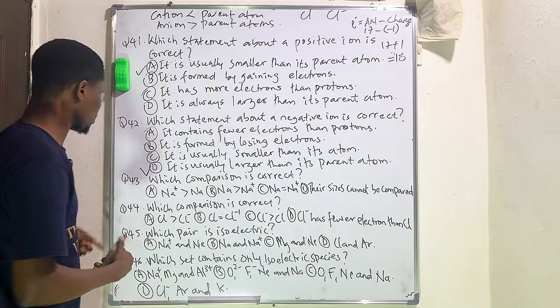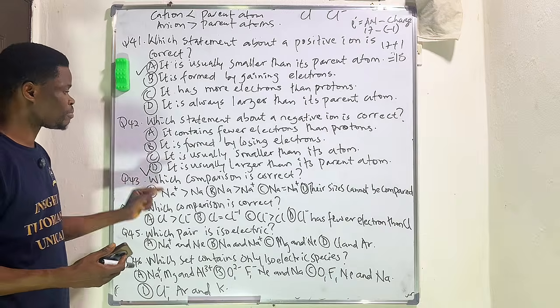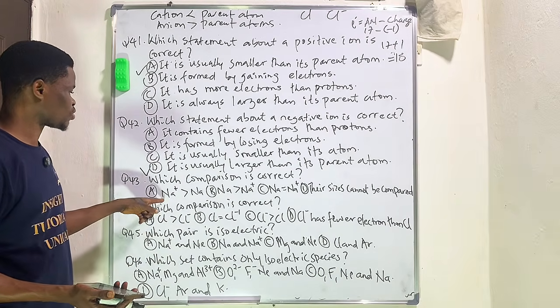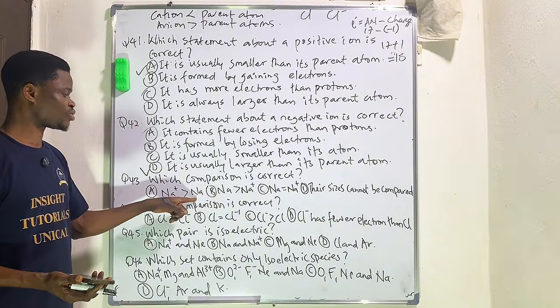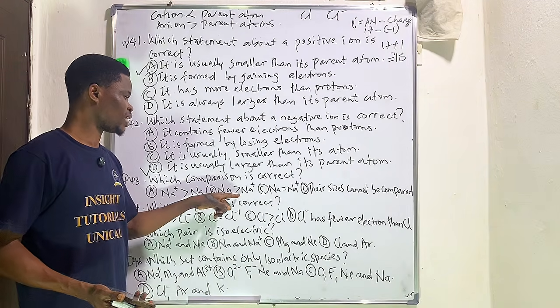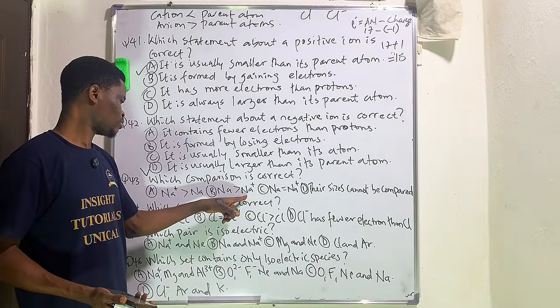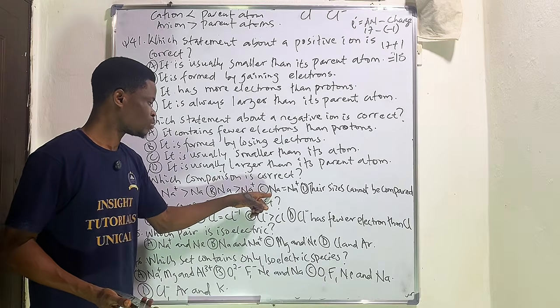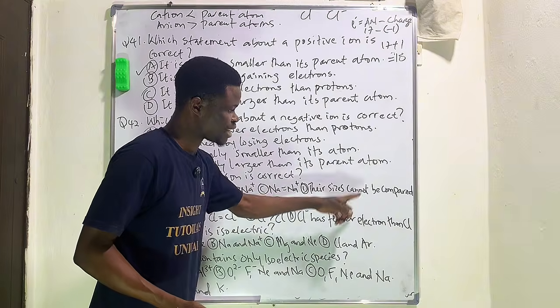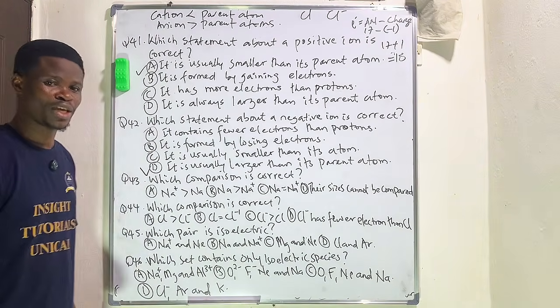The next question says, which comparison is correct? That sodium ion is greater than sodium atom, or sodium atom is greater than sodium ion, or sodium atom is equal to sodium ion, or their sizes cannot be compared. What do you think is the right answer?